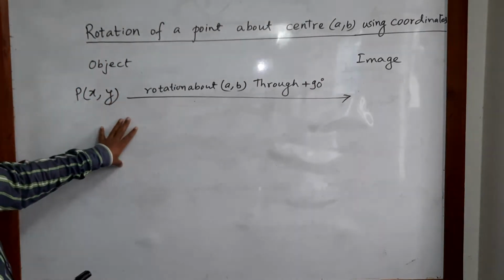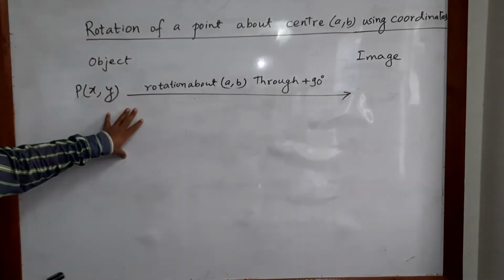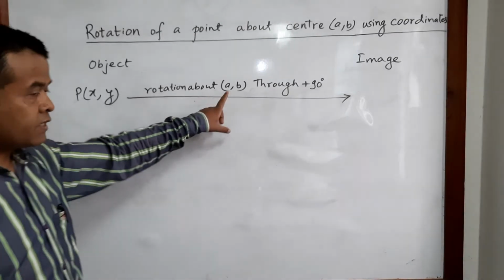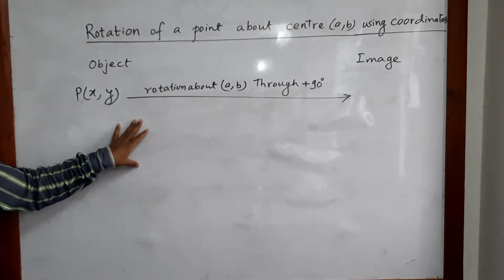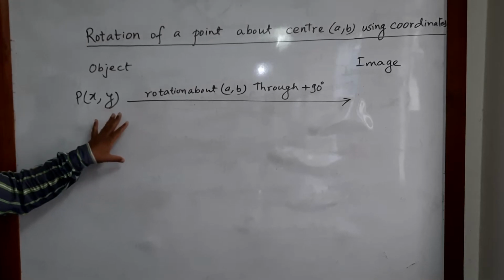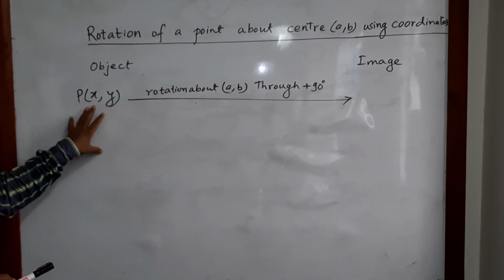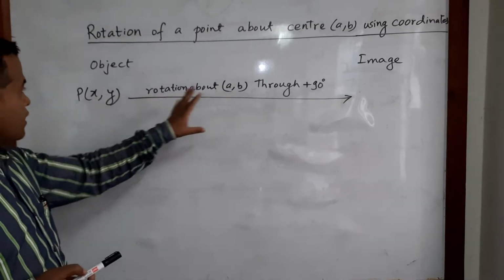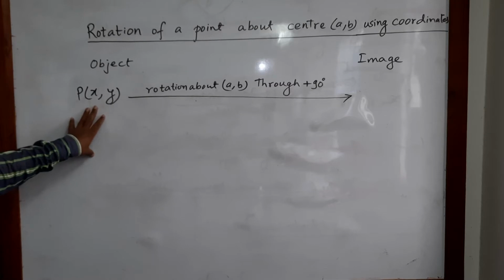So to write this formula, I have one technique. It is the rotation about center AB, not about the origin. So for this, first of all, we will bring this point (x, y) with reference to the origin.